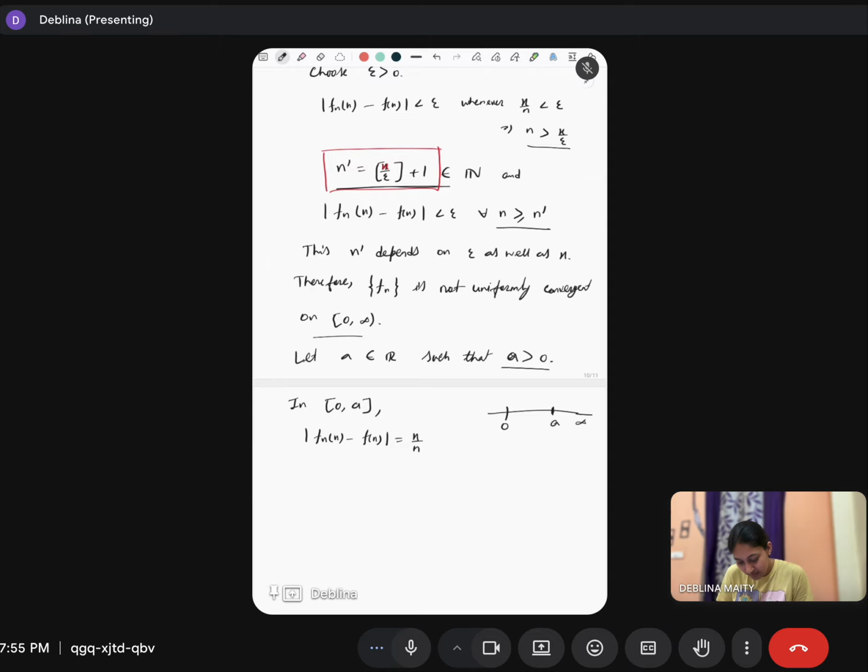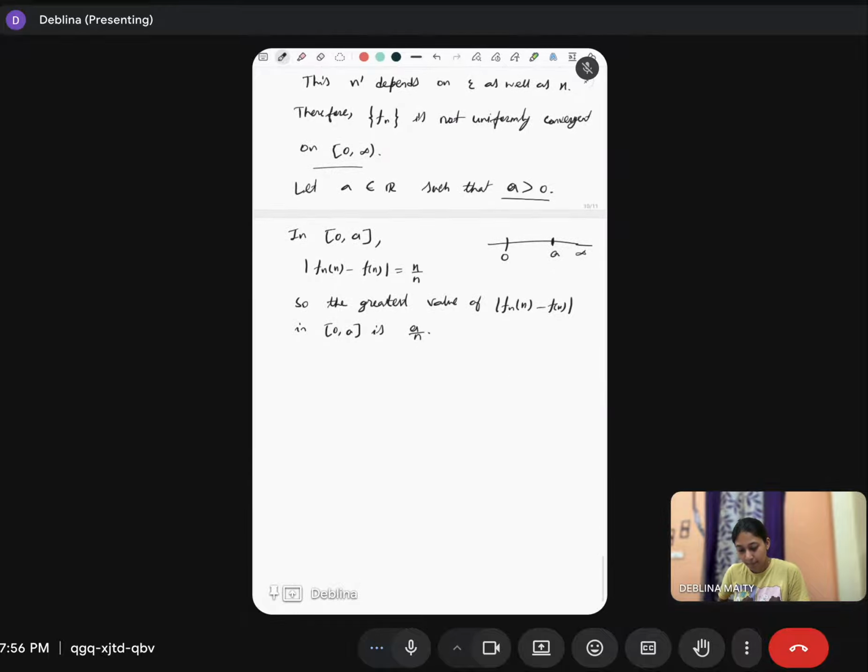So the greatest value of this fn(x) minus f(x) in 0 to a is a by n, right?